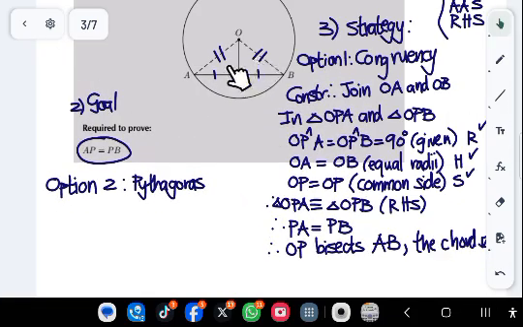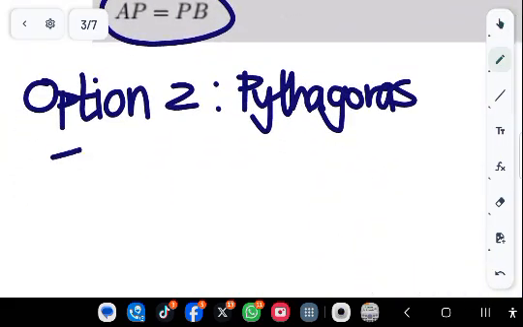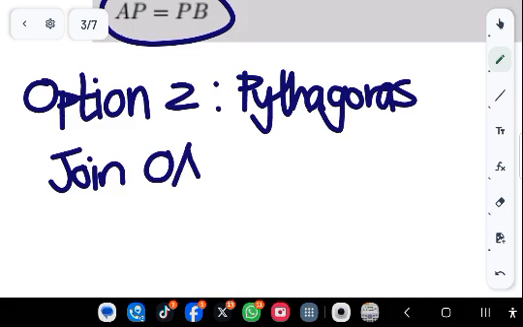How do we do that? We join OA and OB. Same story, join OA and OB.